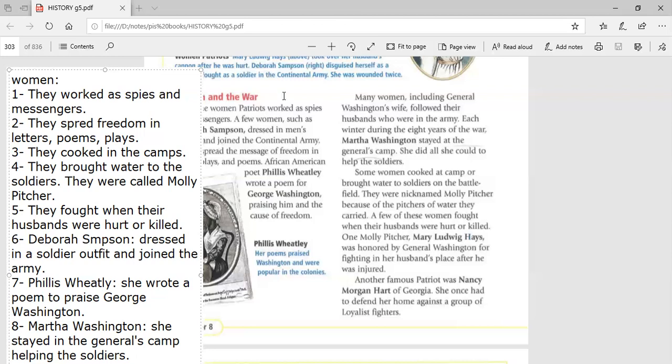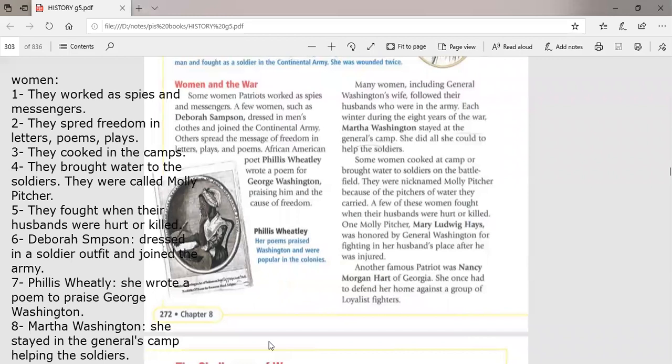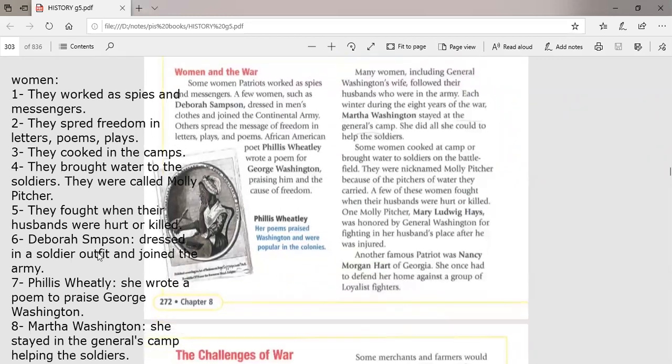Okay, so this is about women, guys. Okay. Let's move to the next page.